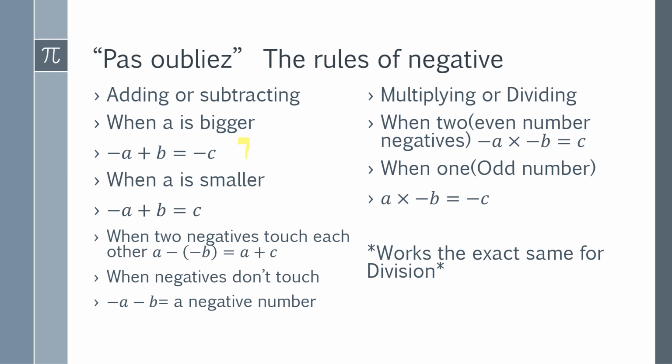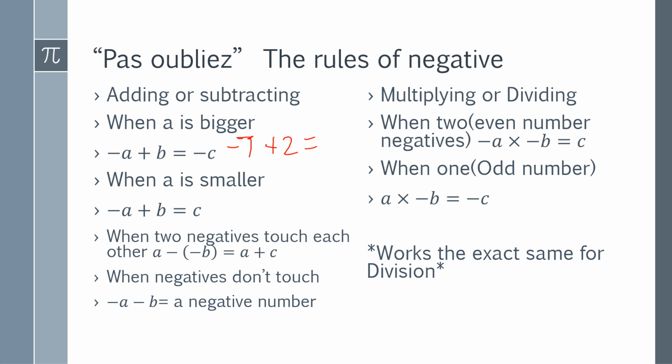Say you got negative 7 plus 2. You can look at this multiple ways. Kids often look at it in terms of which one's bigger, the positive 2 or the negative 7. And you would say negative 7.